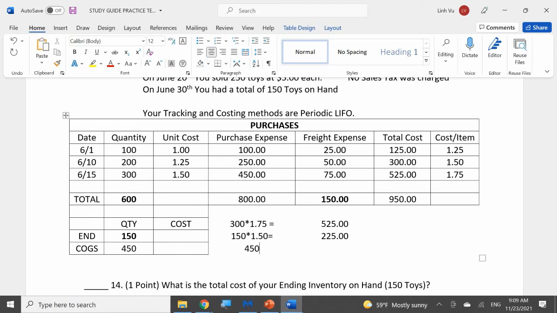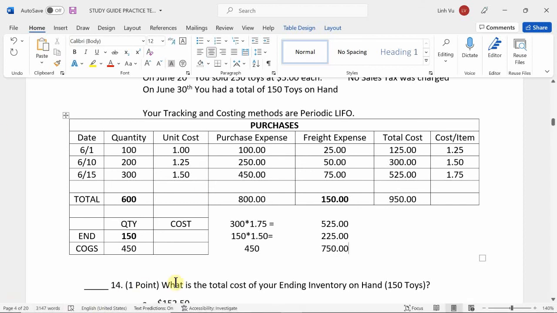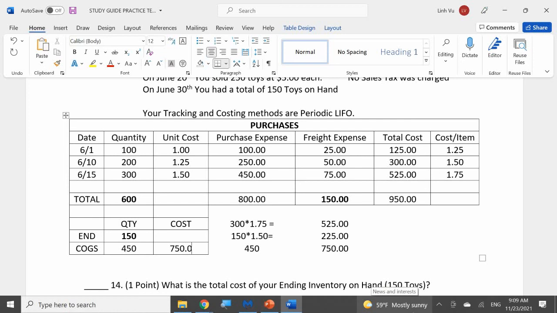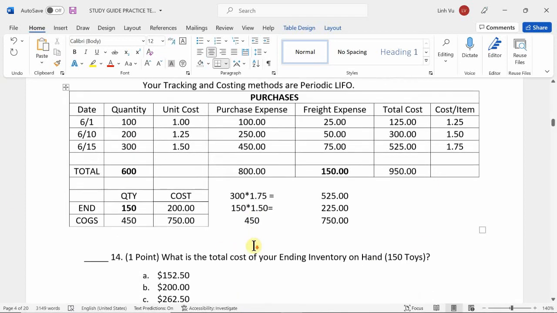That gives you a total of 450 units at a grand total cost of 750. So if it's 750 here and you had the total cost of 950, your ending balance is going to be 200.